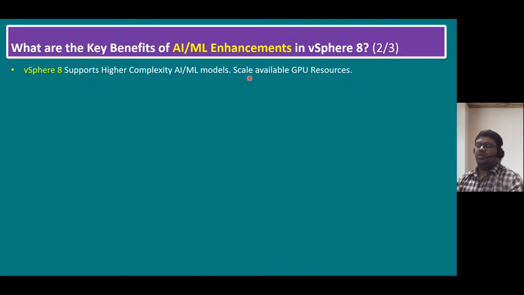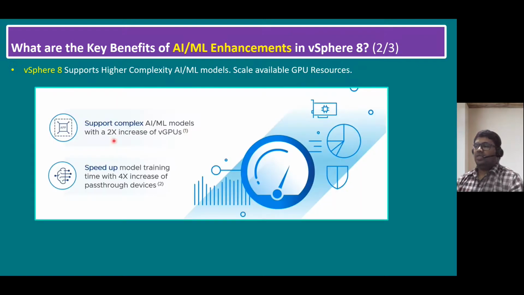That means we can scale up our GPU resources. The key point is it supports complex AI/ML models with a 2 times increase of vGPU and speeds up model training time with a 4 times increase of pass-through devices.